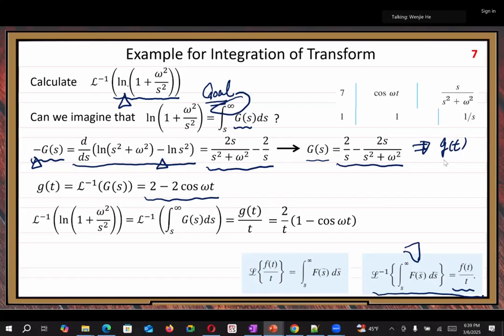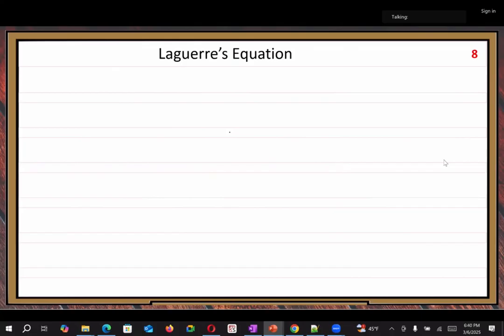Otherwise, how do you connect to the derivative and integral? It becomes fractions like that, then we don't worry about it, and we can use our basic formula.